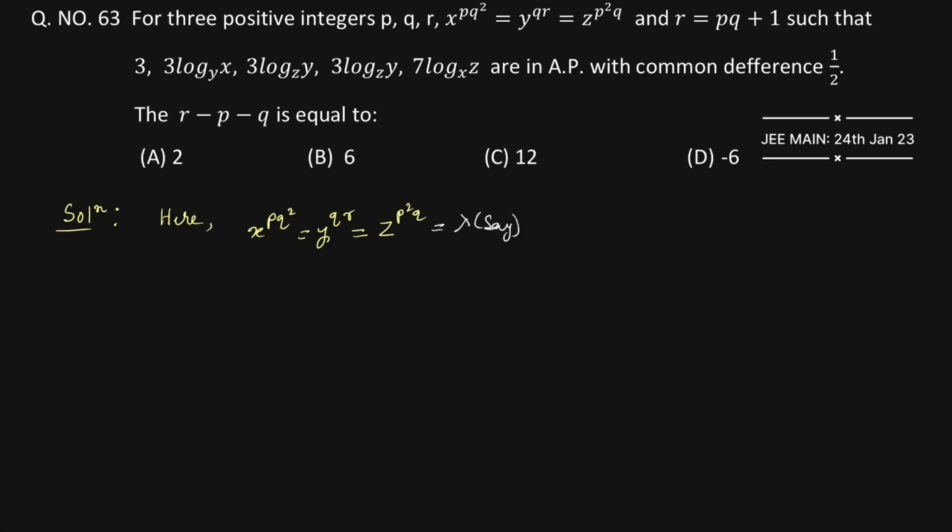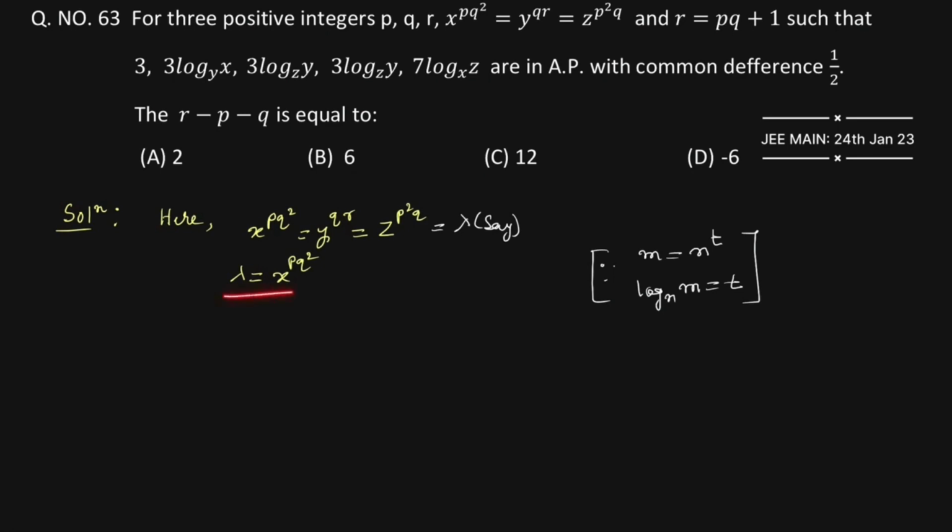So now we are able to write lambda equal to x to power pq square. We know that if m equal to n to power t, if you take the log both the side, then we will get log base n of m, which is equal to t.